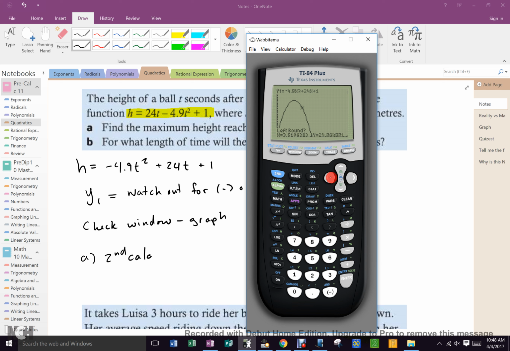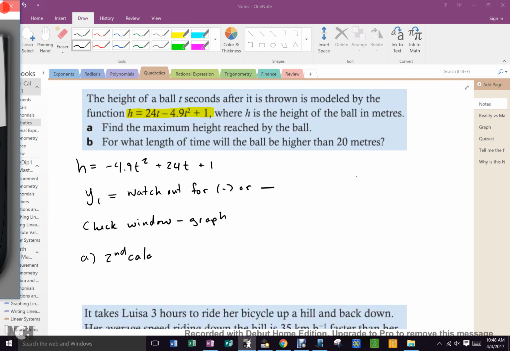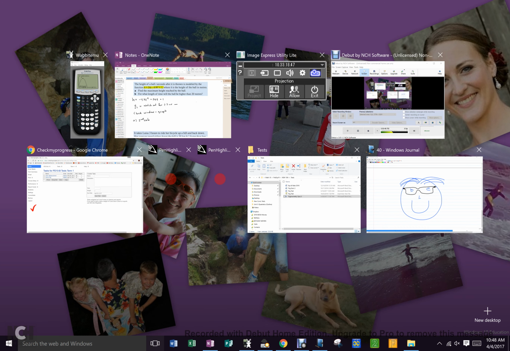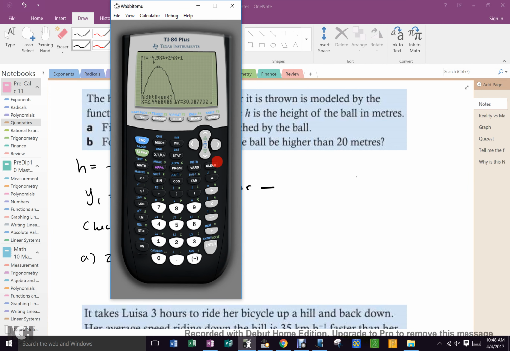So there's my cursor. I'm looking for my left boundary. How far to the left do I have to go? Soon as it's gone over the hump. Enter. Right boundary. Soon as I go over the hump. Enter, enter.